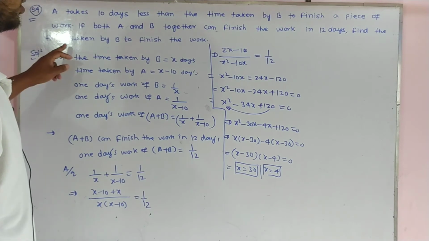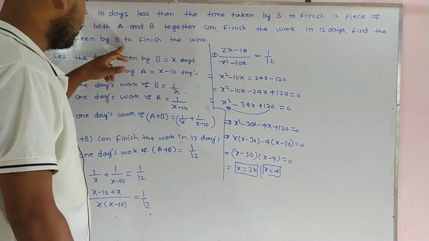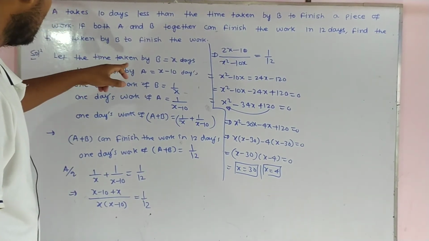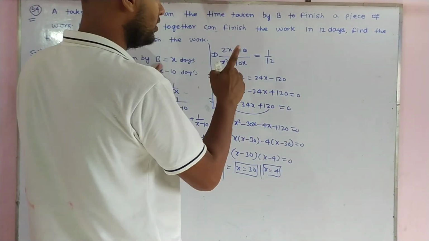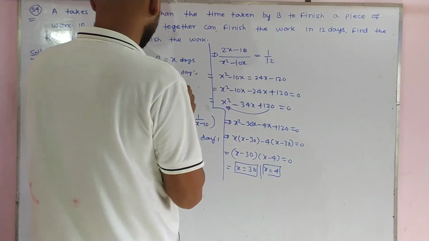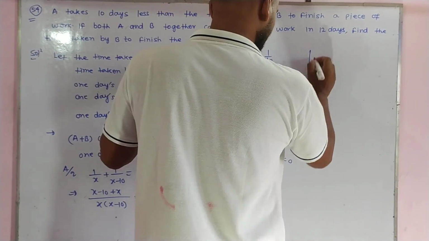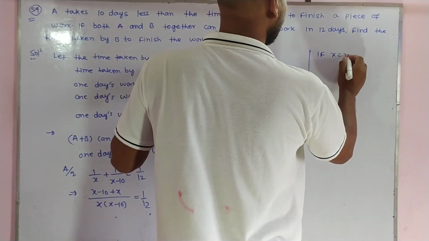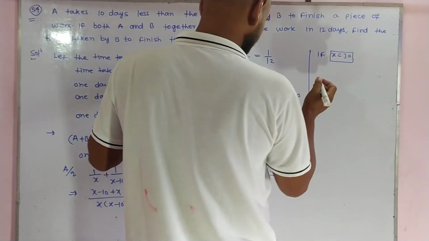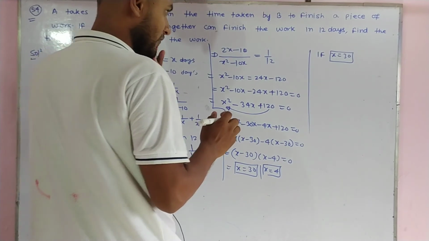The question asking here: find the time taken by B to finish the piece of work. We have to find the value of x. Okay, so find the time taken by B to finish the work. So if you put x equal to 30, then it was the time taken by B to finish the piece of work.